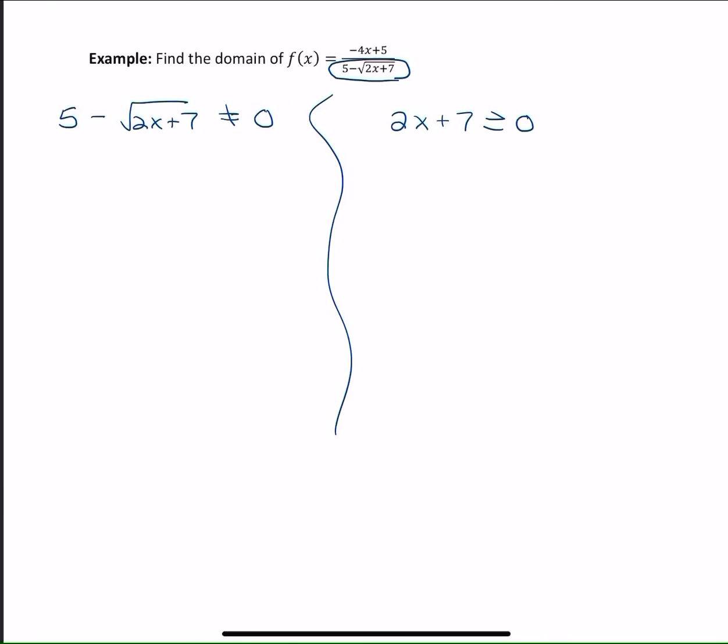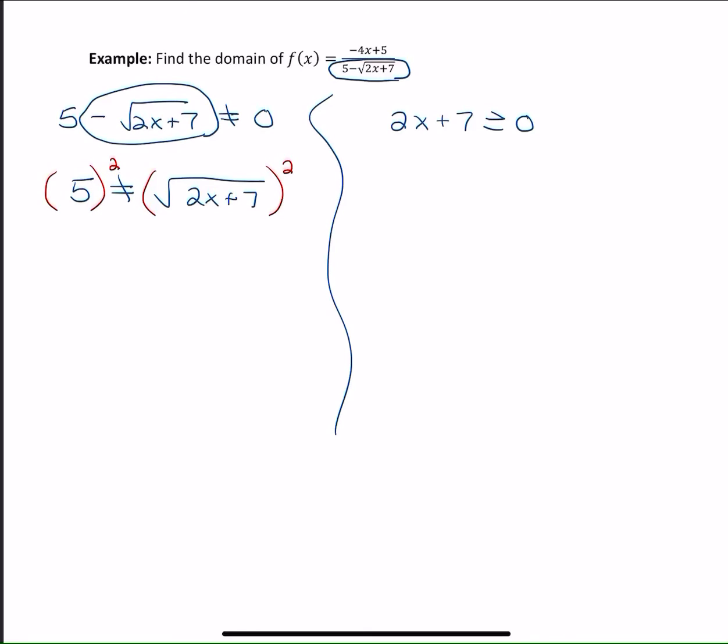So on the left, I'm going to just go ahead and move this to the other side by adding it to both sides. So that'll leave me with 5 cannot equal the square root of 2x plus 7. So I've just added that whole thing to both sides to make it positive. And then to get rid of the square root, I'm going to square both sides.